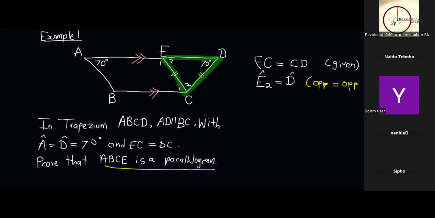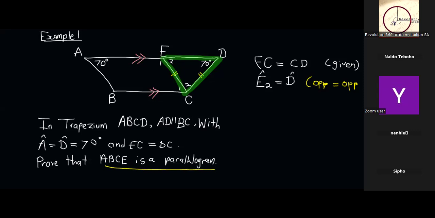When EC is equals to CD, it means it is an isosceles triangle. And base angles of an isosceles triangle are equal, which is E2 is equals to D. So there, we were allowed to write base angles of an isosceles triangle are equal instead of opposite sides equals opposite angles.